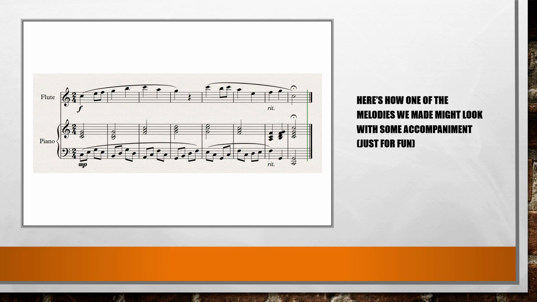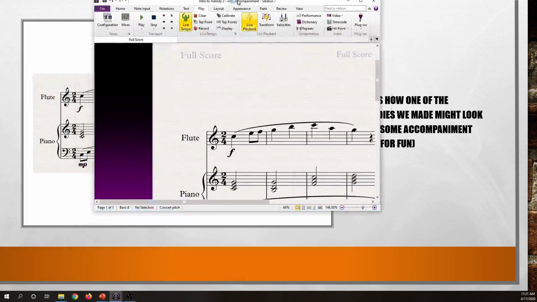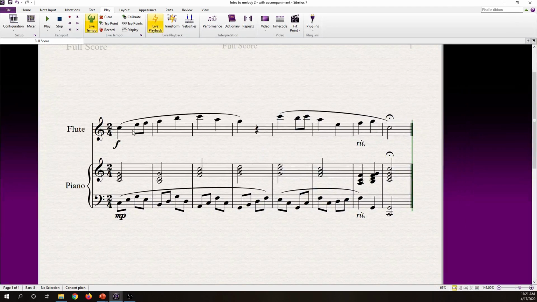Now I've taken here one of the melodies with the 5/1 cadence and set it to an accompaniment, so you can hear how it would sound if it was a little more complete. So here we go, and you can see I've obviously moved it up the octave because I chose to set it for flute.